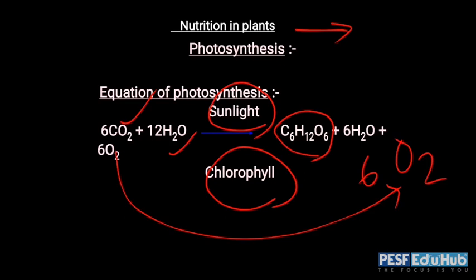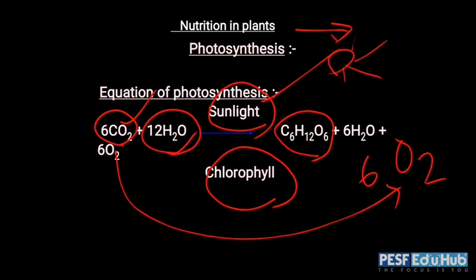Very important for examination. 6 carbon dioxide combined with 12 water in presence of sunlight and chlorophyll gives glucose, water, and 6 oxygen. Oxygen is liberated during photosynthesis. The products of photosynthesis are glucose, water, and oxygen. 1 glucose, 6 water molecules, 6 oxygen molecules are the products of photosynthesis.